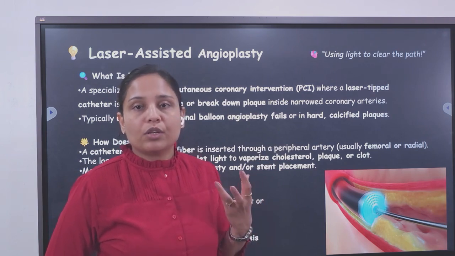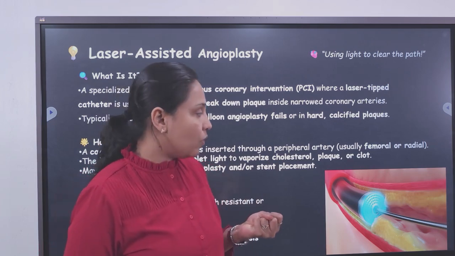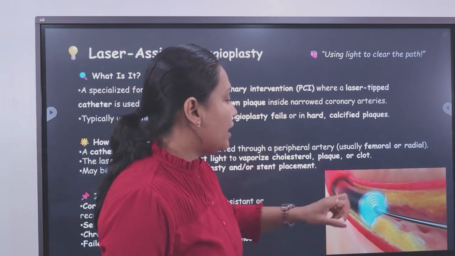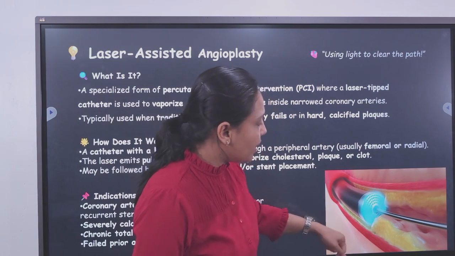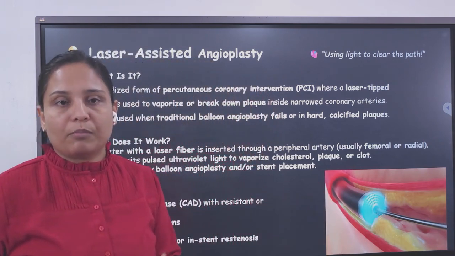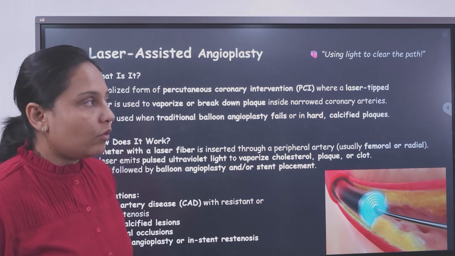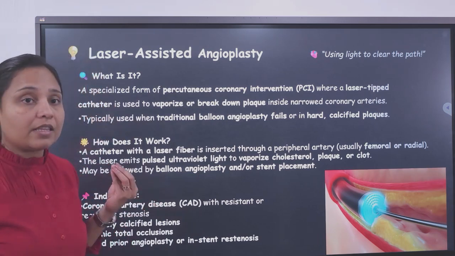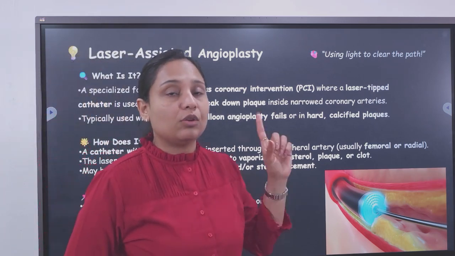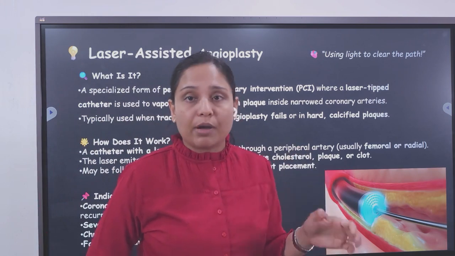So basically you are using the laser light and you are going to clear the way. You can see here from the back side the plaque is gone, or maybe you are removing it. So, using the light to clear the path. आप ये याद रख सकते हैं, using the light to clear the path.